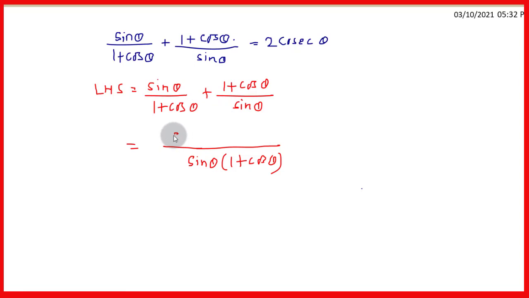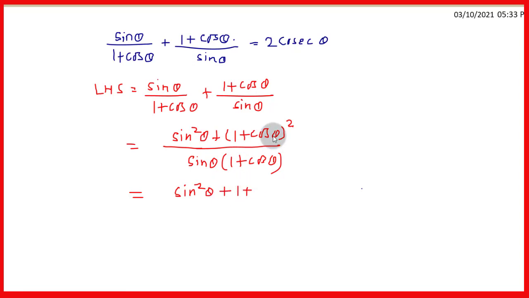Here we will multiply by sin theta, so it will be sin square theta plus 1 plus cos theta into 1 plus cos theta, that is 1 plus cos theta bracket square. And so which is equal to, here it will be sin square theta plus, this is (a plus b) bracket square, that is a square plus b square plus 2ab.